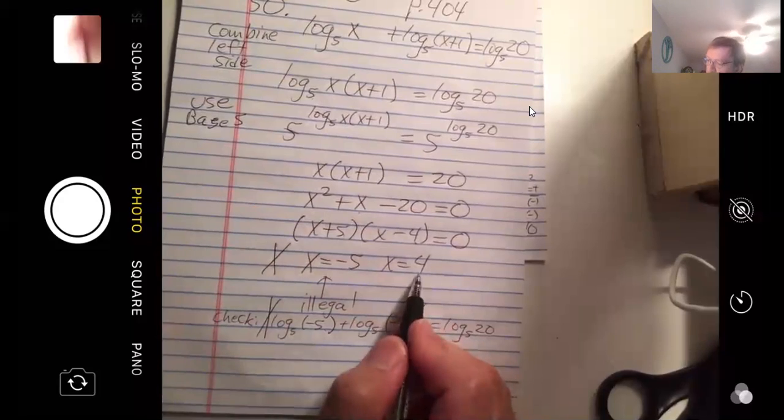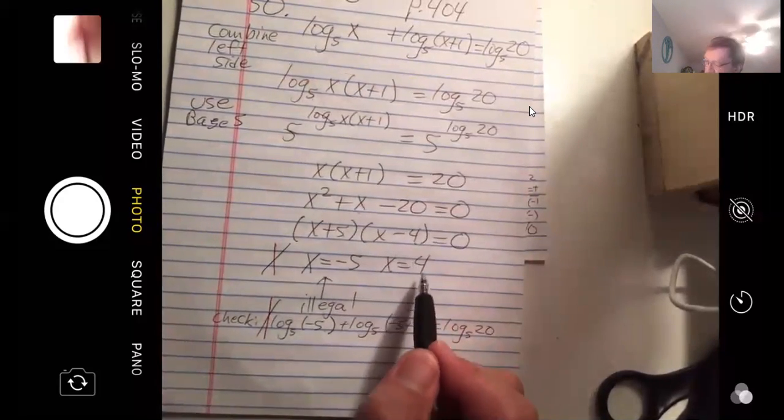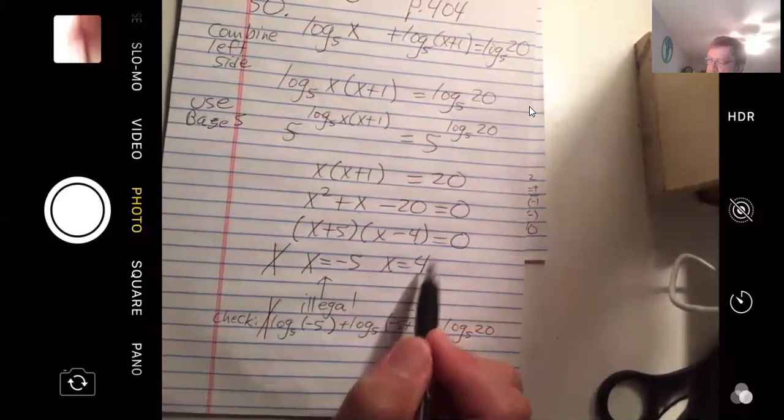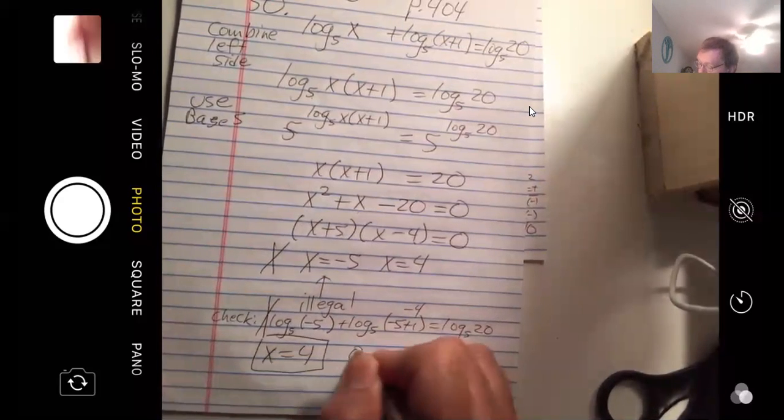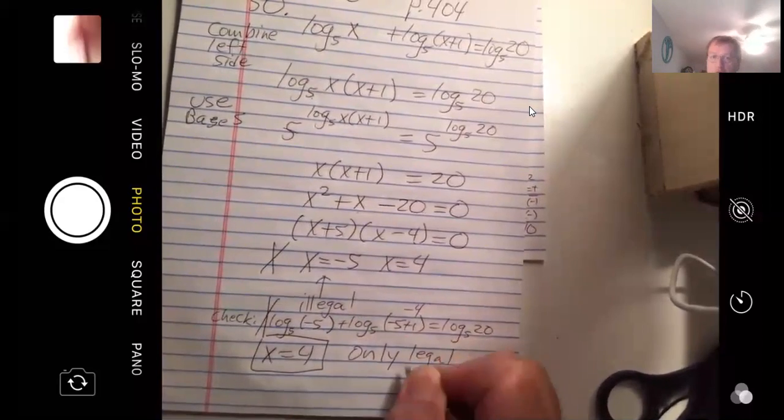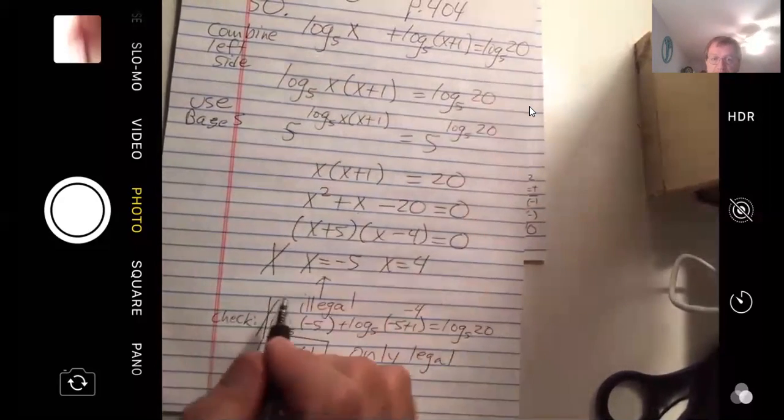The 4, though, I could put it up here and punch both sides, but all you really have to check is that it's positive. 4 plus 1 here is 5, positive. Yes. x equals 4, the only legal answer. It will work when you plug it back in and punch.